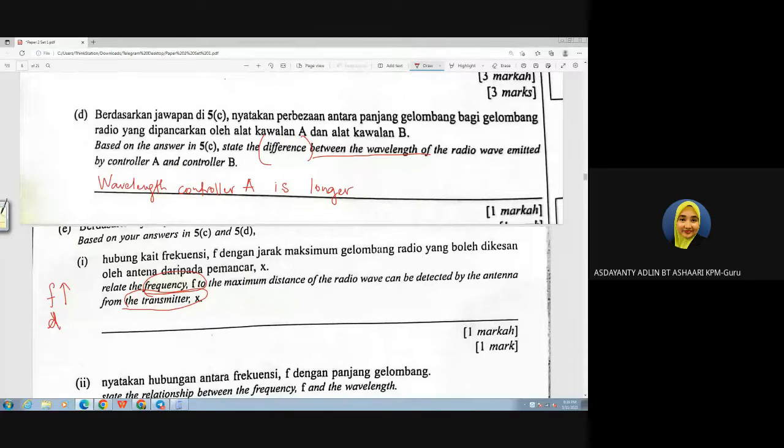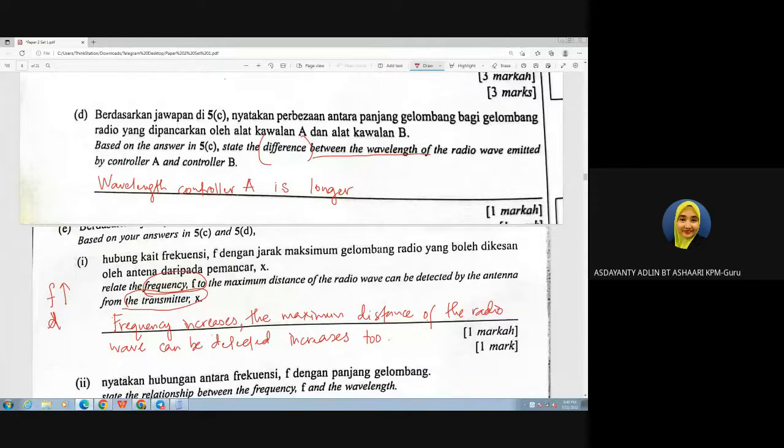So frequency increases, the maximum distance of the radio wave can be detected increases too.